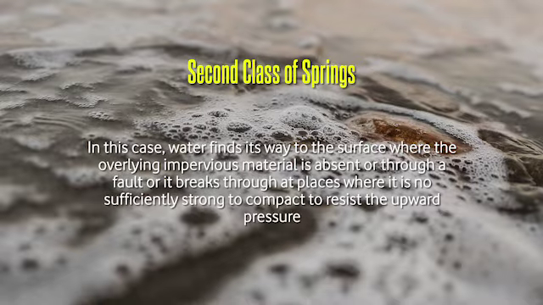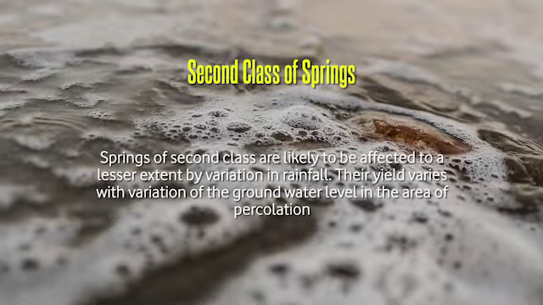In this case, water finds its way to the surface where the overlying impervious material is absent or through a fault, or it breaks through it at places where it is not sufficiently strong or compact to resist the upward pressure. Springs of second class are likely to be affected to a lesser extent by variation in rainfall. Their yield varies with variation of the groundwater level in the area of percolation.